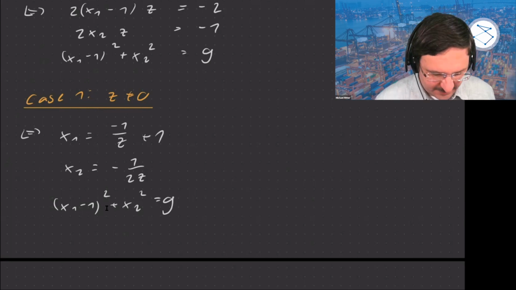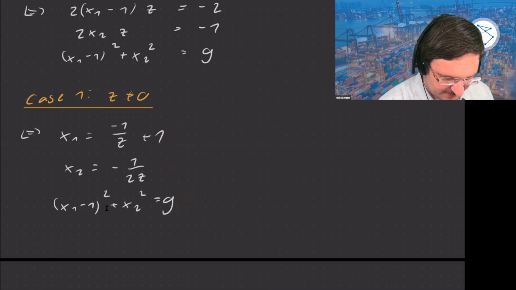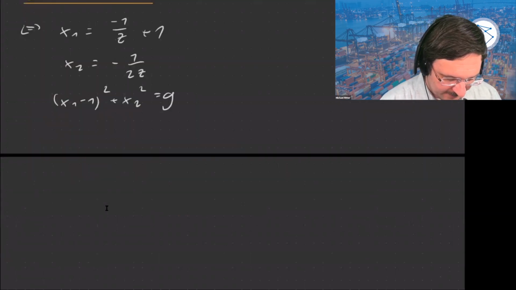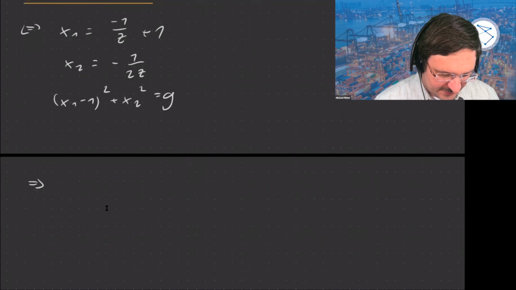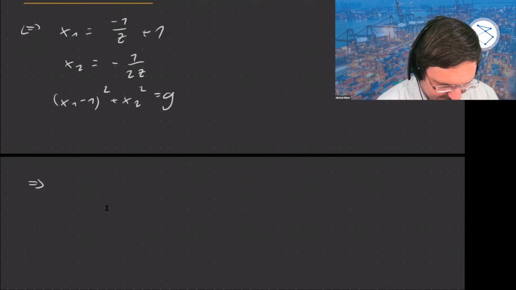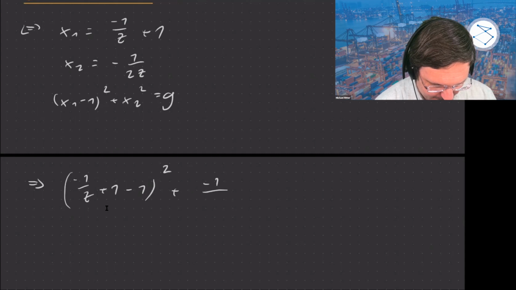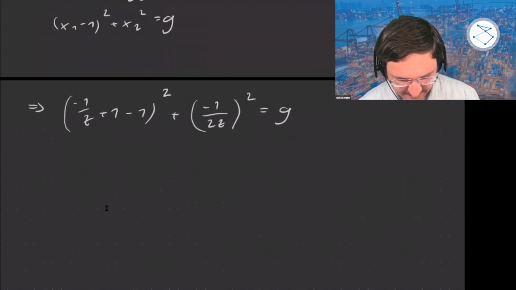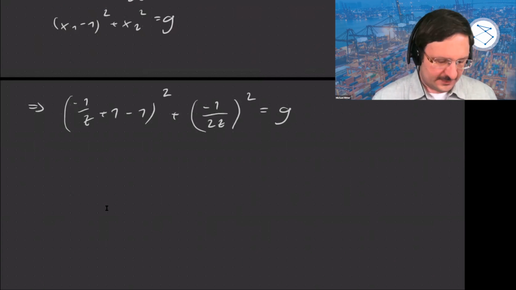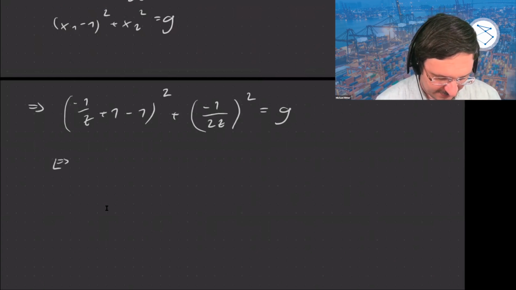And now we can substitute those here into the third equation. So that means what we get is, let's see, (minus 1 over c plus 1 minus 1) squared plus (minus 1 over 2c) squared equals 9. Can simplify that a little.